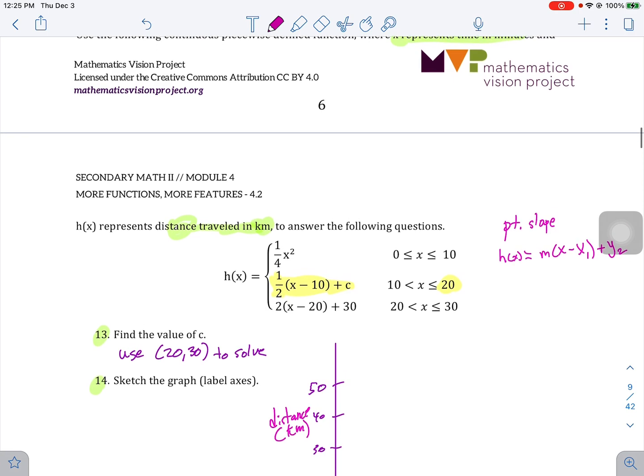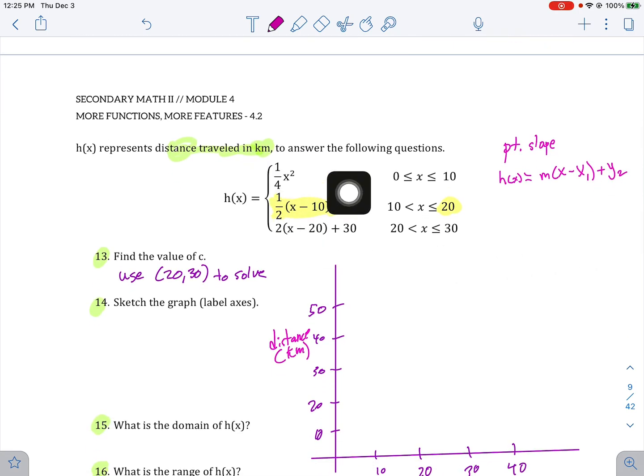All right, and they give you the piecewise function for these three different domains. These are the three different expressions. And the first thing they want to do is to say, well, what is the c value here? One way to think about this is we know, based on point slope, that 2 times x minus 20 plus 30, since it's x minus x1 plus y1.